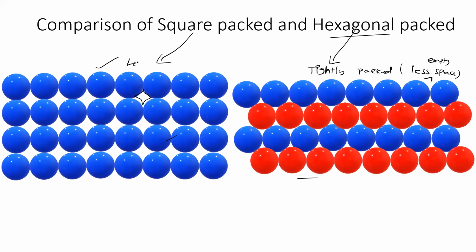Here, large empty spaces are there. But in the case of hexagonal close packing, there will be less empty space only. Okay, is that clear? Yes, sir. Clear, sir.